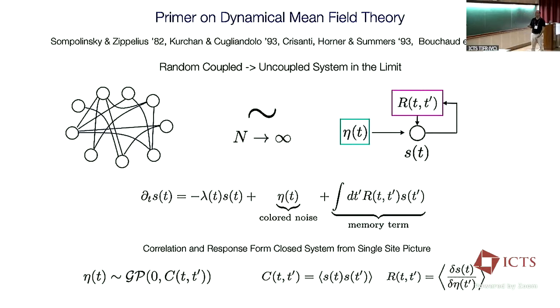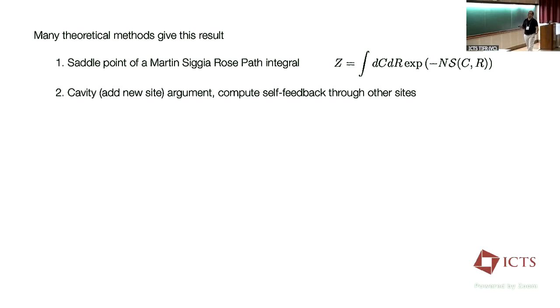So how do you derive this? In physics, there's a bunch of methods that people use. We can write something called a path integral and do a saddle point approximation. There's a method called the cavity method. Sometimes you can just guess and then try to prove, and so on. I'm not going to go into the details of this in this talk.